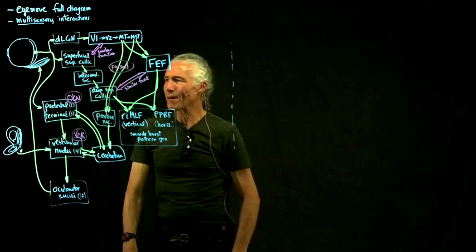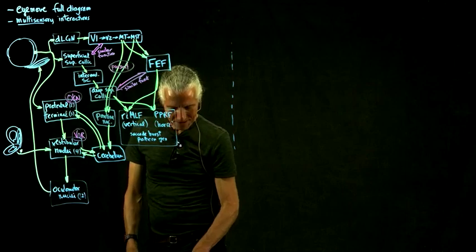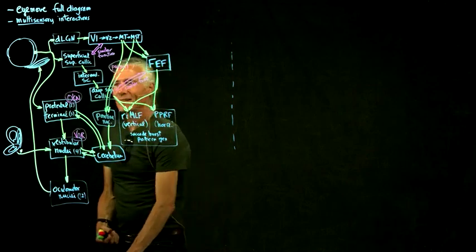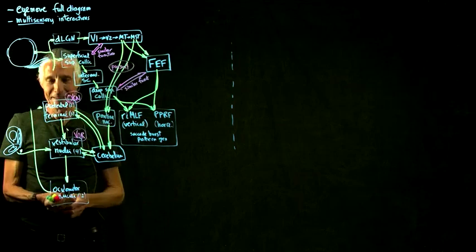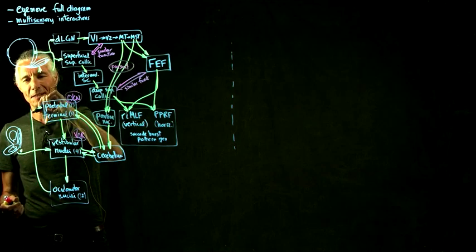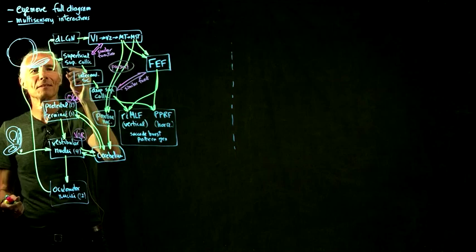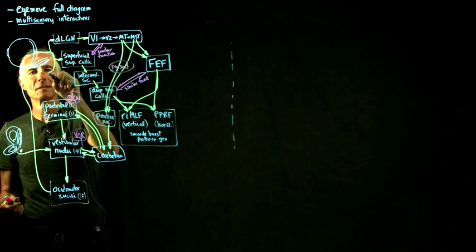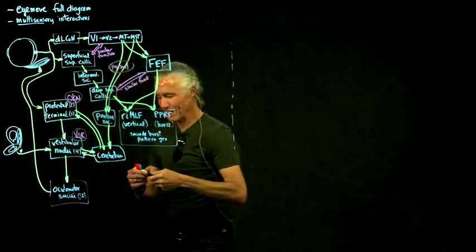But there's more. So I guess I have to make a small hole in my diagram right here. Apologize for this. Okay, so this is the oculomotor nuclei going to the eye muscle, and here's a visual input going to the pretectal. That's just enough space.